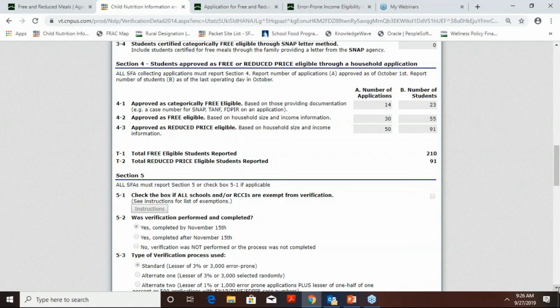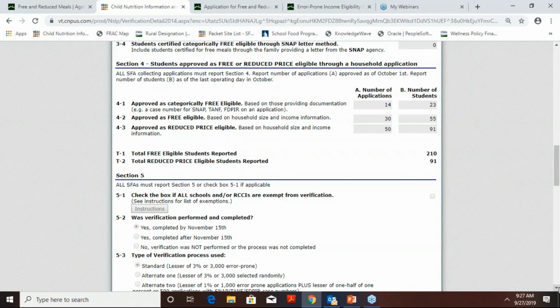I know that's a weird, confusing distinction that they would have those two different dates in there, but it's because the October 1st number is our magic number for verification, and then the end of October is our magic number for all of our free and reduced data, like our free and reduced eligibility report. Your site enrollment report is based on the last operating day in October. So that's sort of why there's a confusing distinction there.